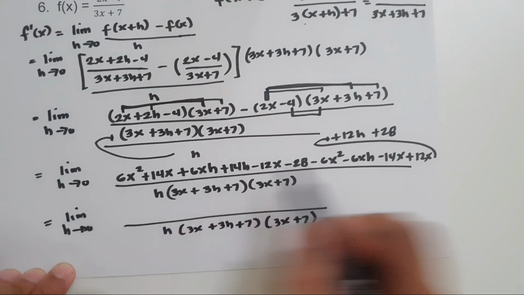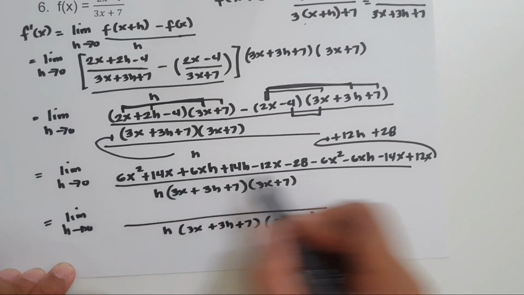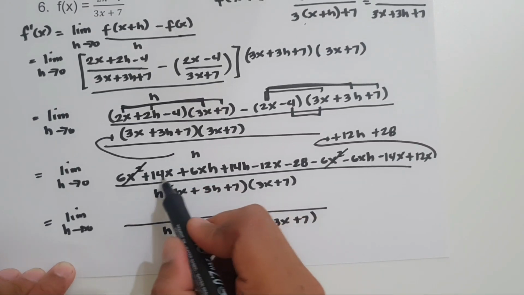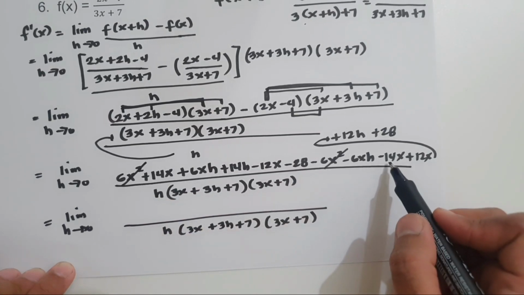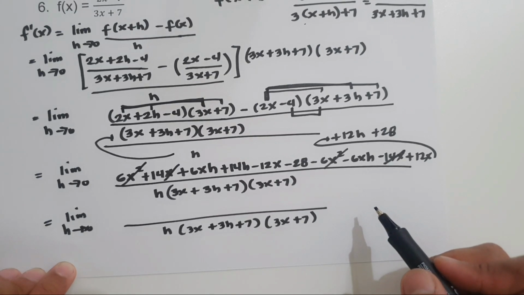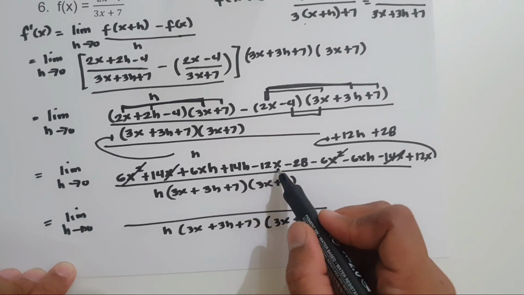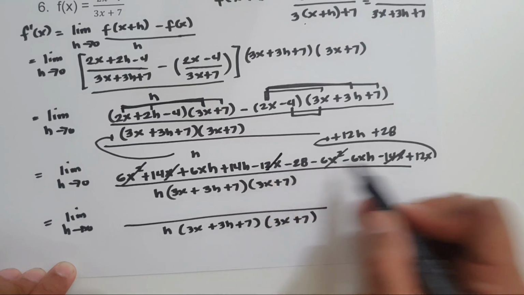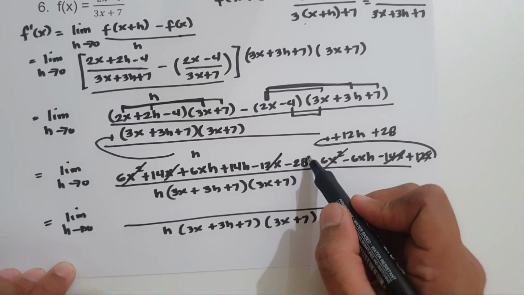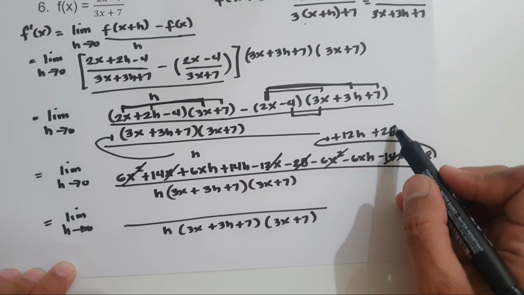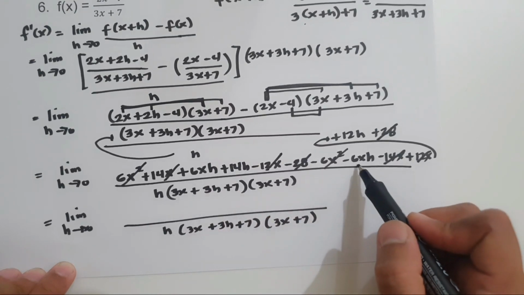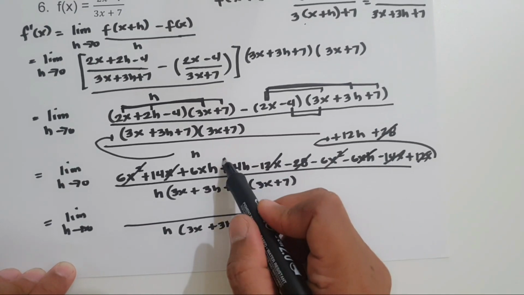So on the numerator, 6x squared minus 6x squared is 0, so we can cancel this one. 14x minus 14x is 0. And then negative 12x plus 12x is also 0. And then negative 28 plus 28 is also 0. So we can also cancel 6xh and negative 6xh.